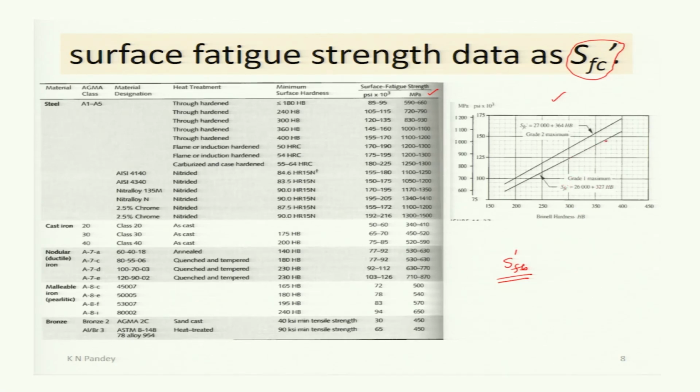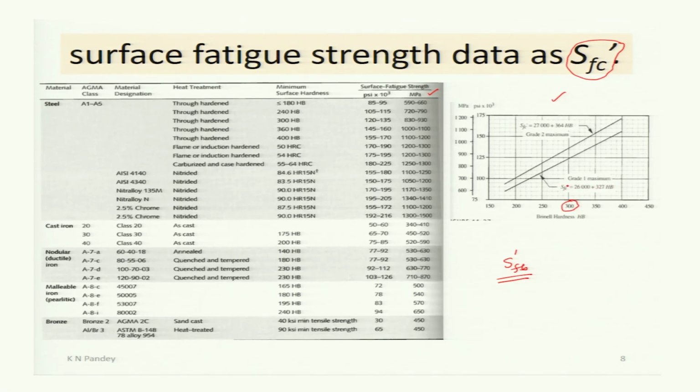If it is grade 1 material, then the value of SFC dash, the surface fatigue strength of the material, may be obtained either from curve 1 or by the equation 2.22 Hb plus 207 megapascal, where Hb is the Brinell hardness number of the material of the gear.